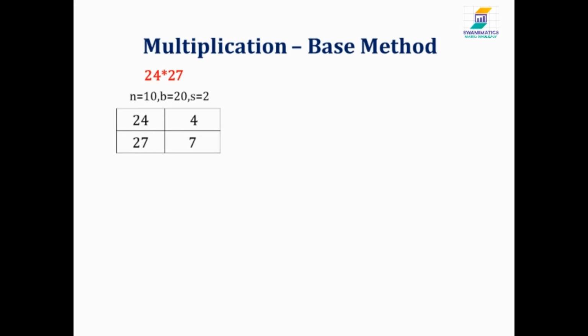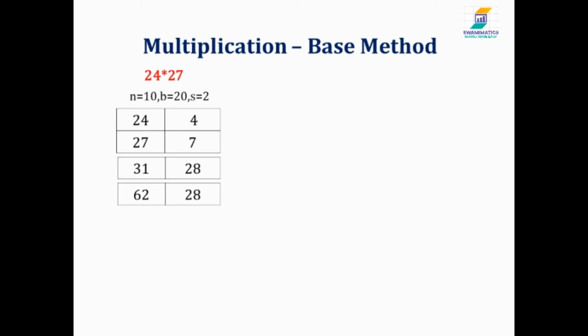Right. Now, as a first step, 24 and 27 are listed one below the other. 24 is 4 more than 20, whereas 27 is 7 more than 20. Now, the cross operation results in 24 plus 7, 31, and 4 into 7, 28. Now, in this case, since your working base is 20 but the normal base is 10, this 31 needs to be multiplied by the sub base 2.